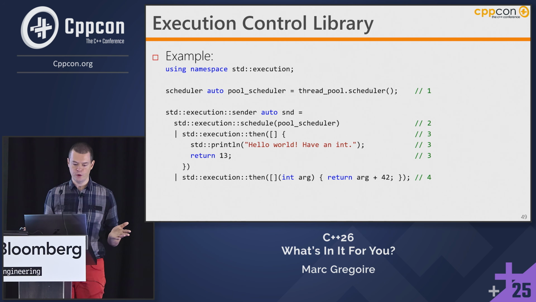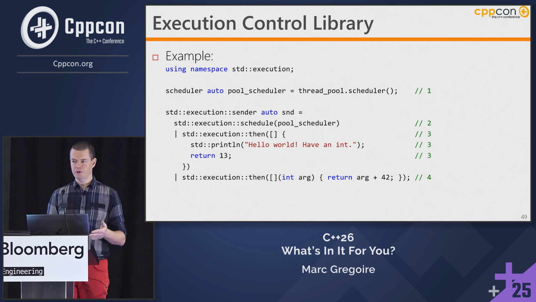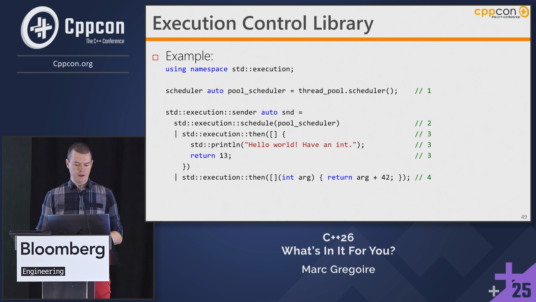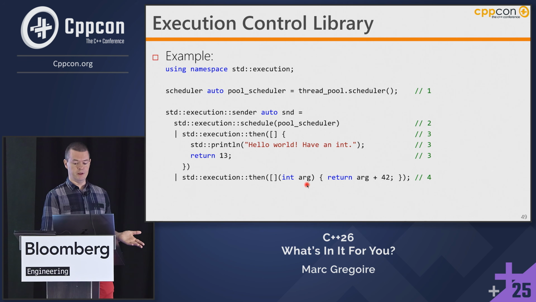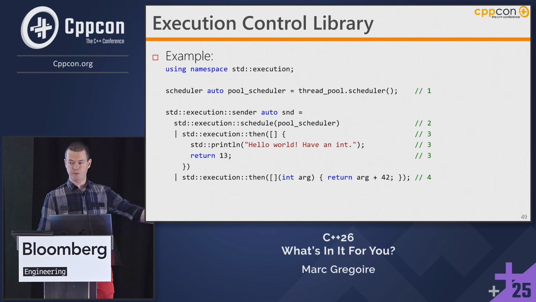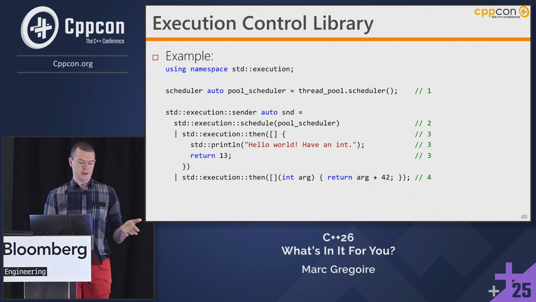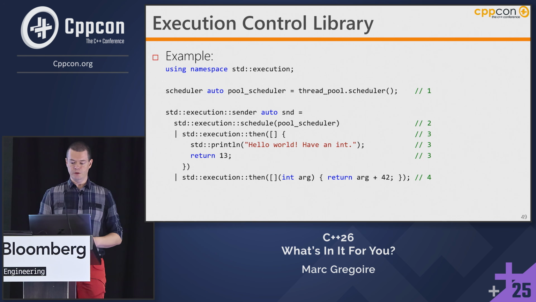We can then add more work, again with then, and since our previous sender returns an integer, the new sender adapter, the lambda here, must accept an integer. It must accept what the previous sender in the pipeline is returning. In this case, this sender adapter just returns whatever it receives and adds 42 to it.